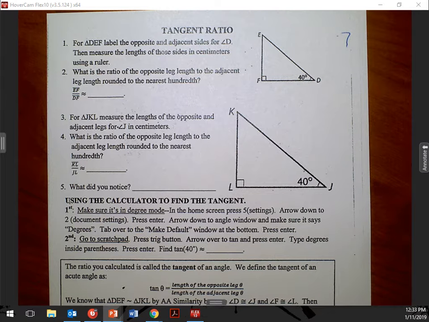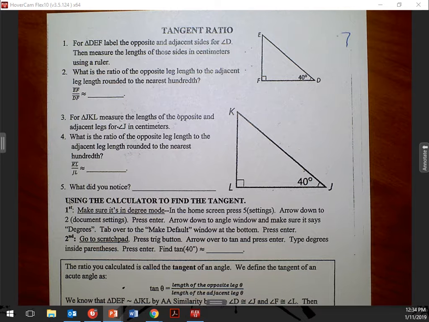Okay, good. All right, so given this right here, it says for triangle DEF, label the opposite and adjacent sides for angle D. Opposite and adjacent sides. To be able to do that, where do I have to start?